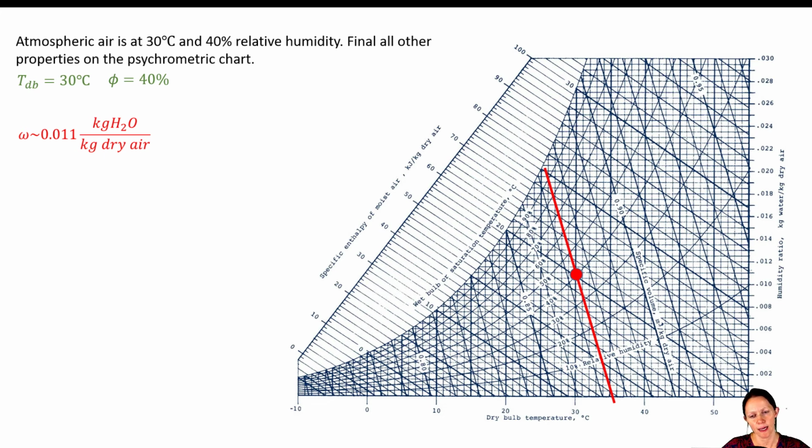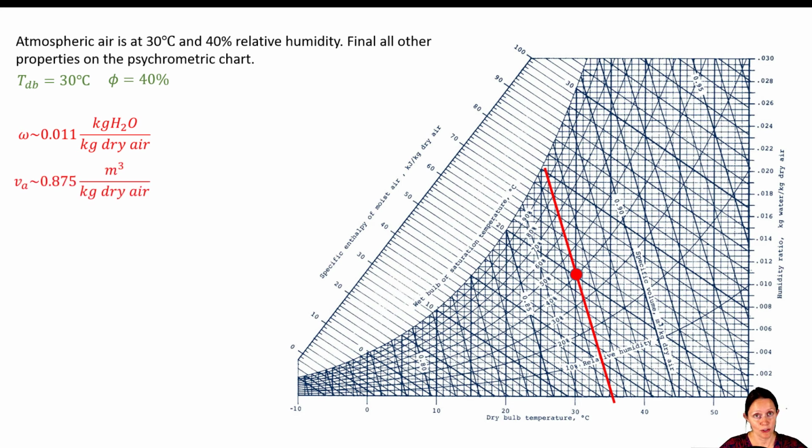If I look at the lines for the specific volume that are explicitly labeled, there's one for 0.85, there's one for 0.9. If I count up from the 0.85 line, I got 0.85, 0.86, 0.87, and it looks like I'm between 0.87 and 0.88. So I'm just going to say it's about 0.875.